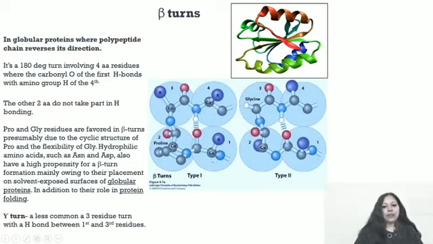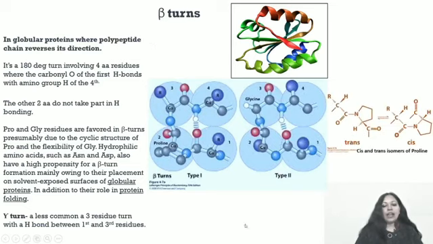It can be type 1 and type 2, where glycine is always the 3rd amino acid in the case of type 2, but in biological systems type 1 is mostly found. We will discuss the amino acid composition of beta turn in detail by taking the example of proline, which is most commonly found in beta turns.